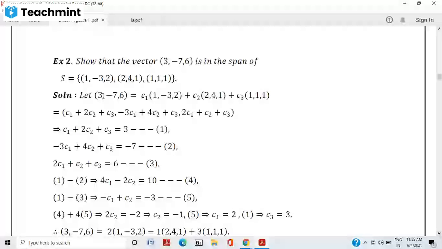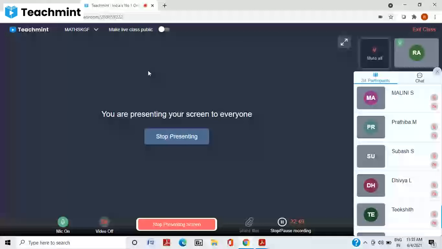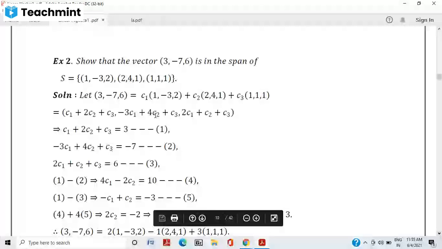Then the second element, what do we get? Minus 3C1 plus 4C2 plus C3. It equals minus 7. Then the third element: 2C1 plus C2 plus C3 equals 6.